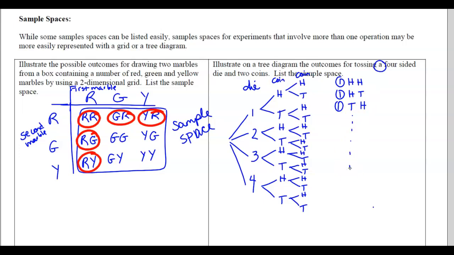It's each branch of that chart. So how many are there? 1, 2, 3, 4, 5, 6, 7, 8, 9, 10, 11, 12, 13, 14, 15, 16. Basically, you can get that: there's 4 possible outcomes for the die, 2 possible for the first coin, 2 possible for the second, so that's 16 possible outcomes.